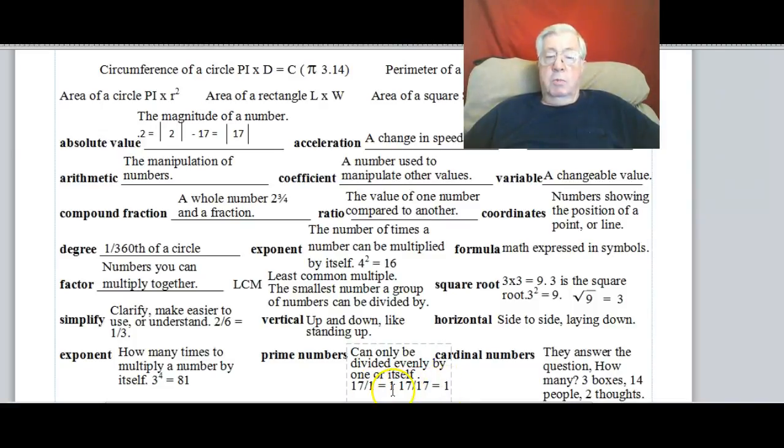Either 1 or the number, and there's no other choice. Cardinal numbers, they answer the question, how many? How many boxes? 3. How many people? 14. How many thoughts? 2. So they are called cardinal numbers.